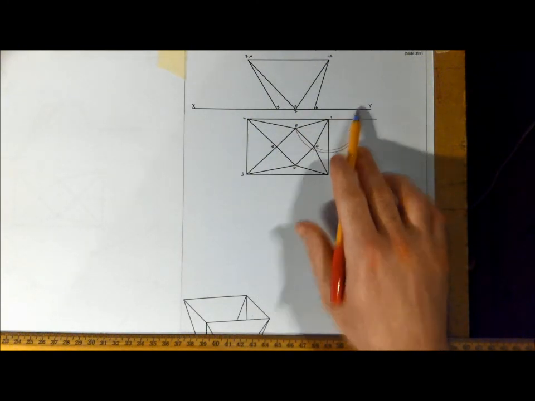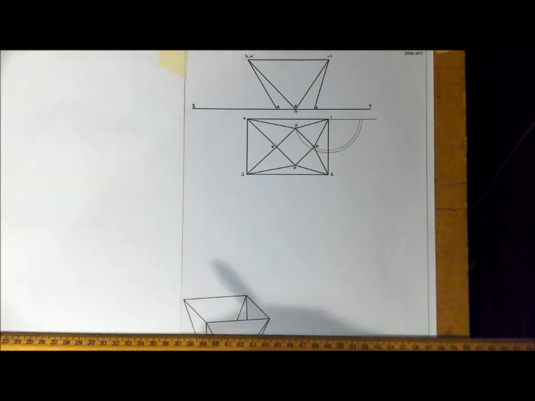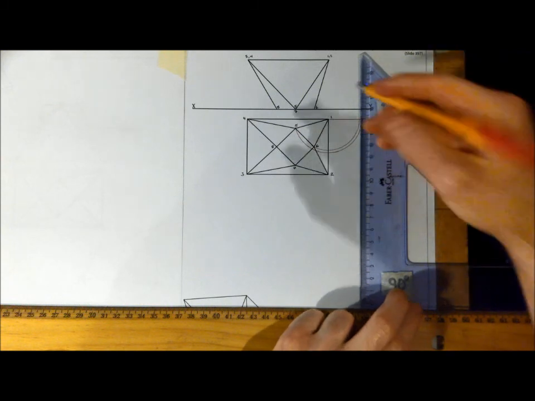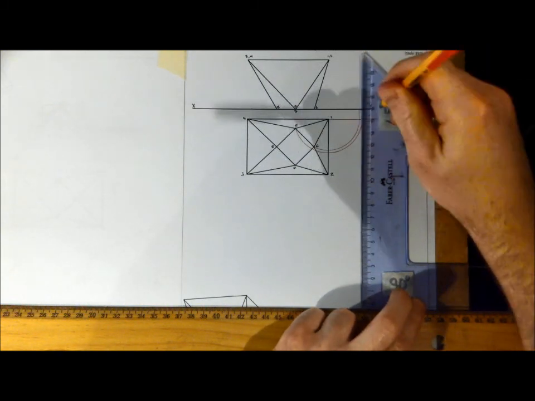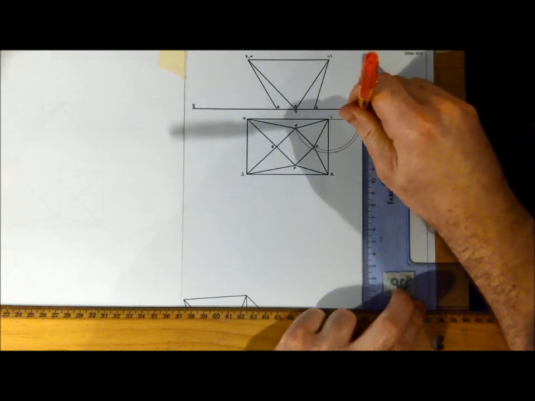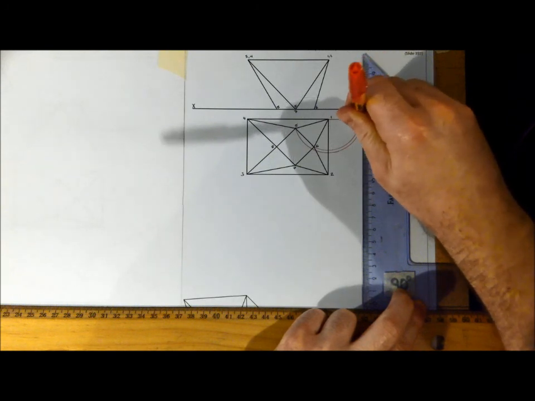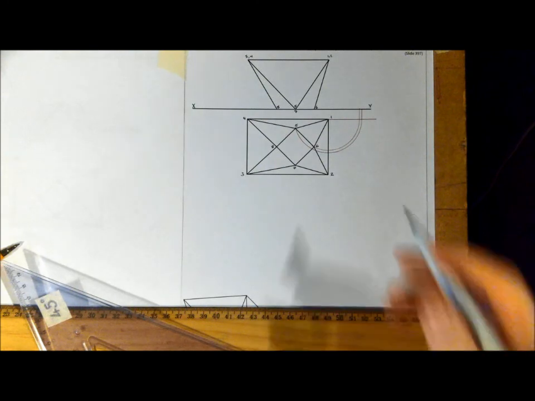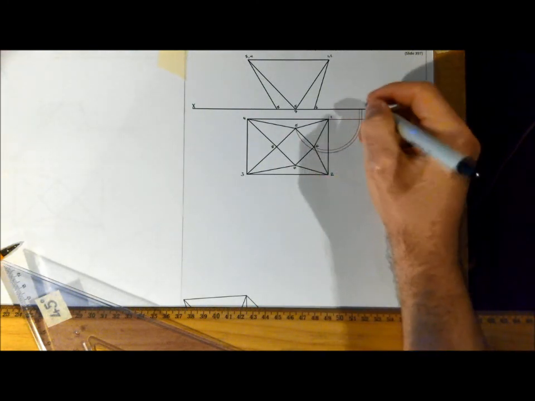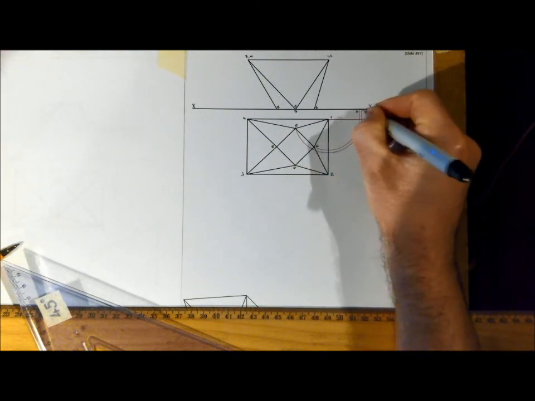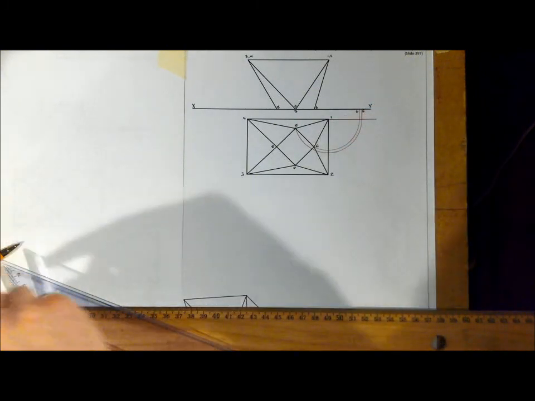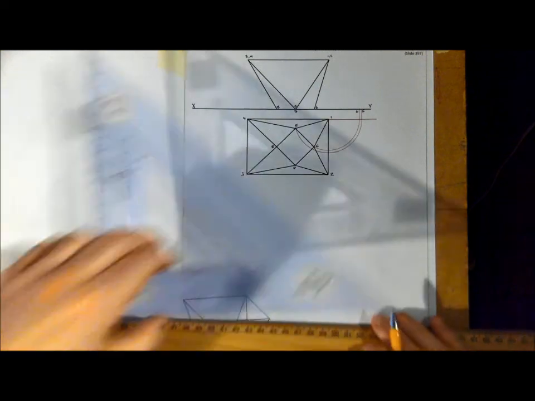It's literally a case of I'm going to project them up to my XY line, up to my elevation, here and there. Okay, so I've now found a new position. 6 is inside in here, and 5 is this guy, and they are both going to join up to number 1.